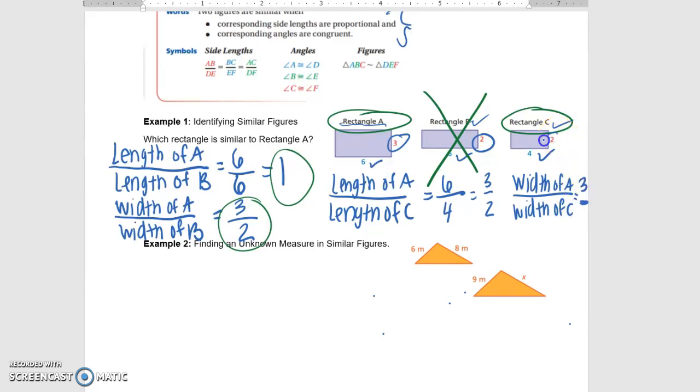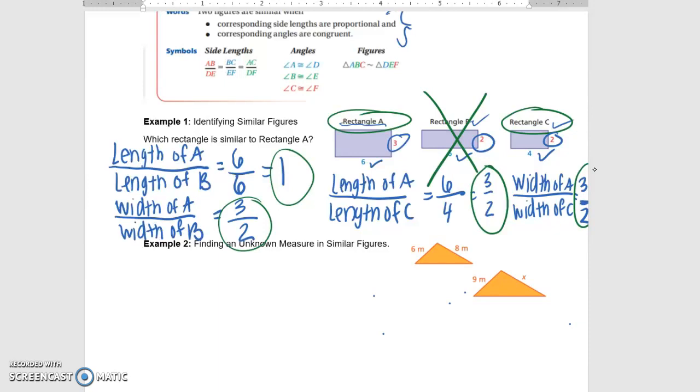The width of C is 2. So now we can compare 3 over 2 to 3 over 2. And since they have the same proportion, the length and the width are exactly the same. That's how we can confirm that rectangle A and rectangle C are proportional.